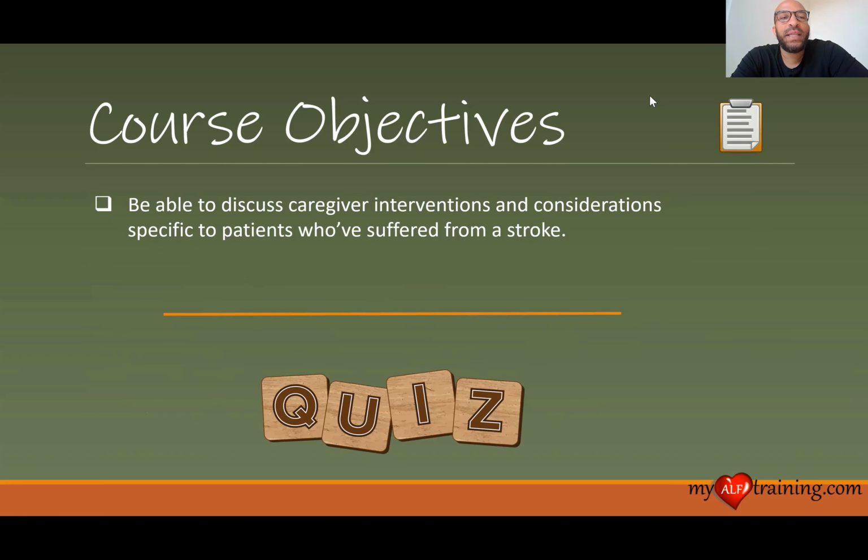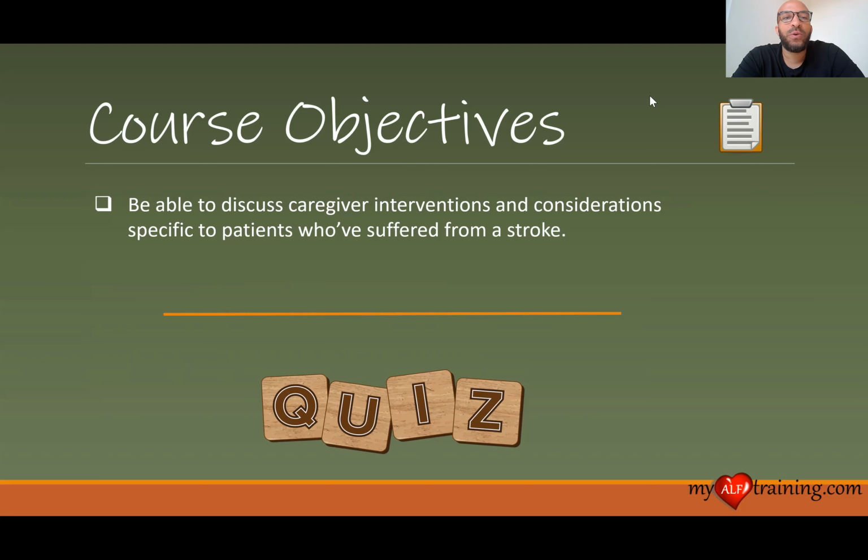And last but not least, our course objective is you will be able to discuss caregiver interventions and considerations specific to patients who have already suffered a stroke. So what can we do for those patients? What are they going to be relying on us for? And how do we meet their expectations from us to give them the best care that we can?